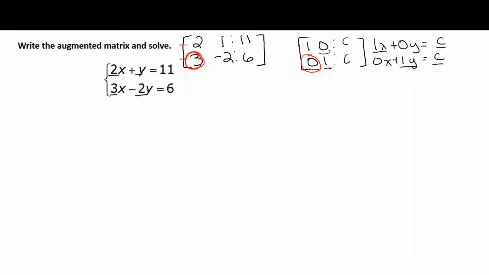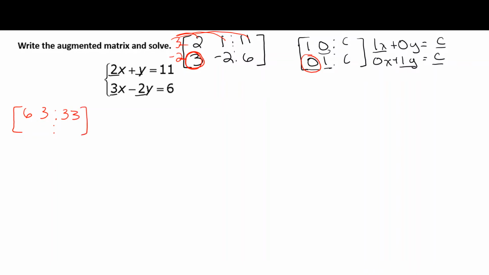So I'm going to multiply my top row, let's say by 3, and my bottom row by -2. So 3 times 2 is 6, so I'm going to make a new matrix right over here. 6. 3 times 1 is 3, and then I have my dashed line here, and 3 times 11 is 33.